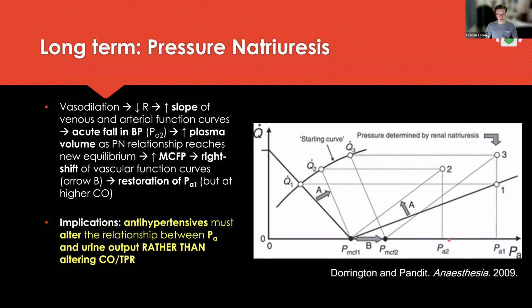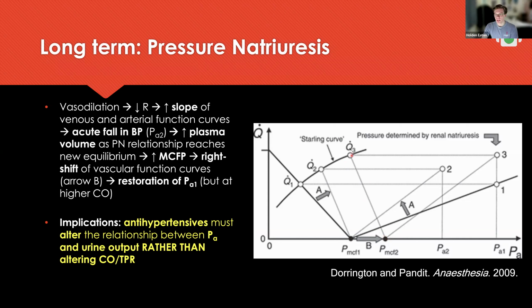You reduce fluid excretion, and suddenly you get an increased MCFP. MCFP is equivalent to the total fluid volume in the body. So you see here, we suddenly move from point 2 to point 3 as the base of these curves move. And point 3 represents the point where you've suddenly got this increased total circulatory fluid volume.